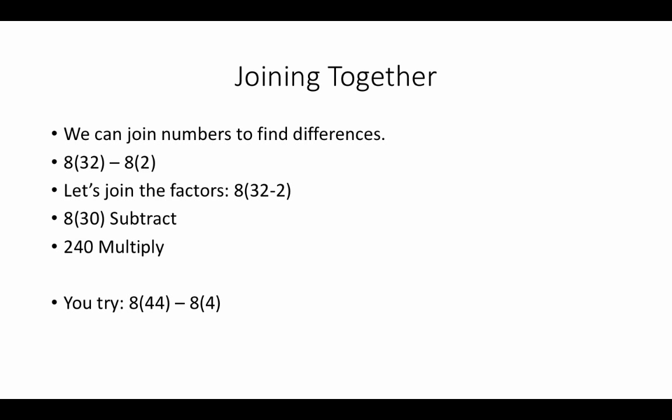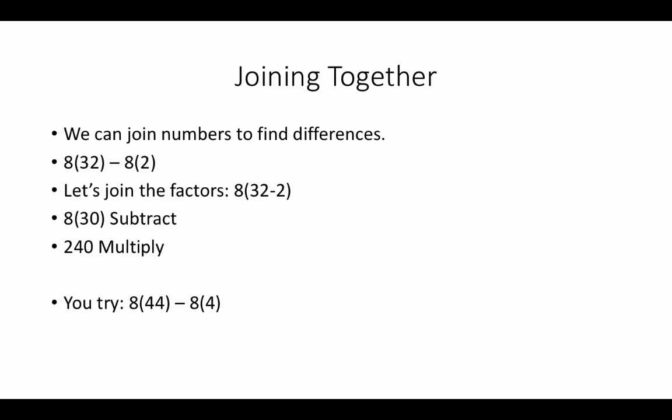So first we're going to join the factors and get them in one set. So I take the 32 and the 2, put them in one set of parentheses, and then I'm going to notice there it's a subtraction sign. So I'm going to have 32 minus 2. And when I do the subtraction, I have 8 times 30.